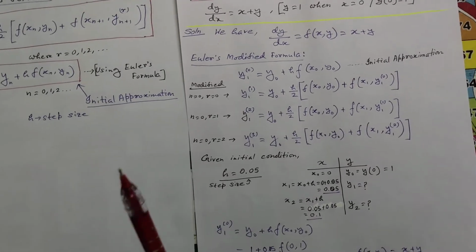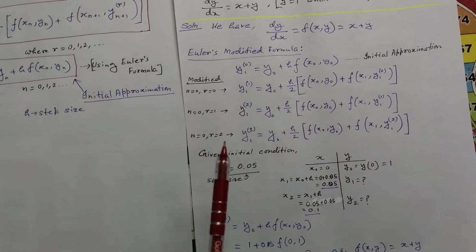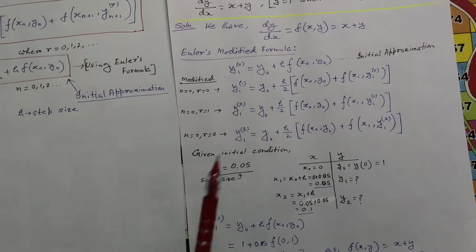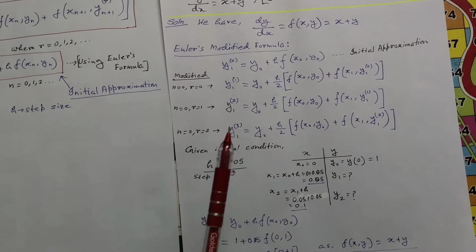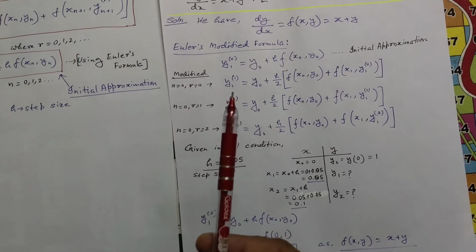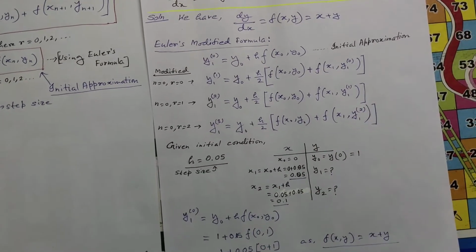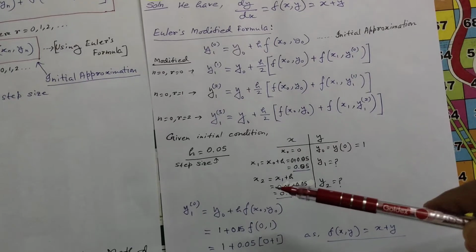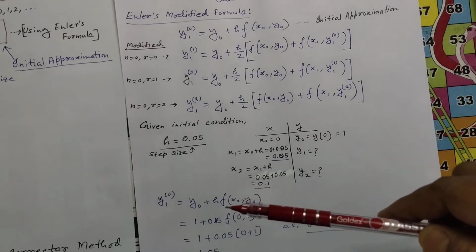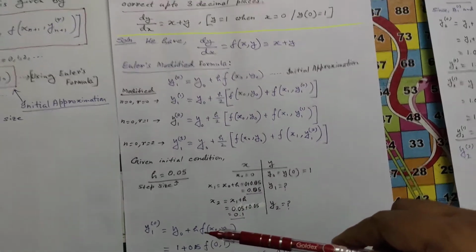Now how many times we have to calculate this y1, or how far we should go, like y1^(0), y1^(1), y1^(2), y1^(3) and so on? Coming to this example first, after that we'll understand automatically.